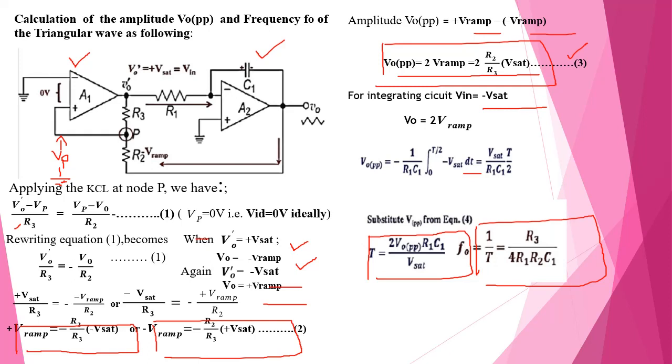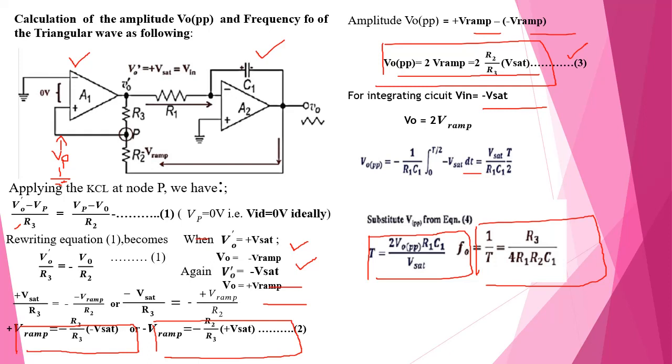Before starting, the frequency of the square wave is the same as the frequency of the triangular wave. The amplitude of the square wave is a function of the DC supply voltage of the op-amp.